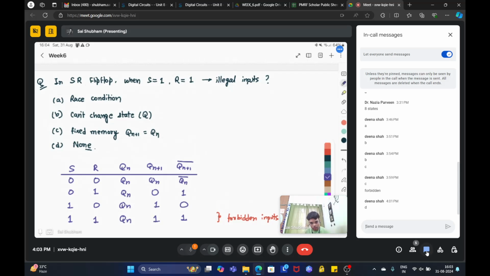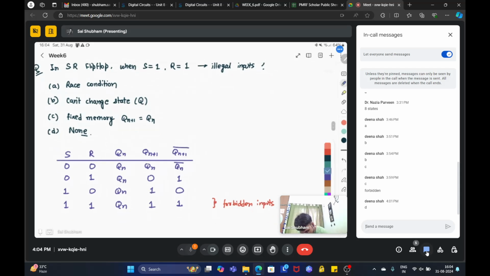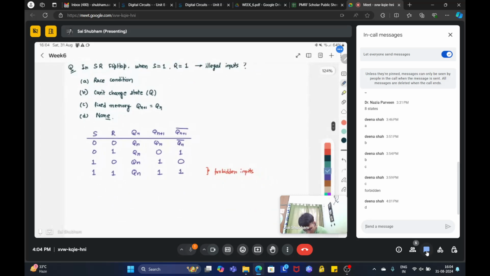I think I should discuss the solution. Okay. So for some set of inputs, you are getting a correct output where both are 1.